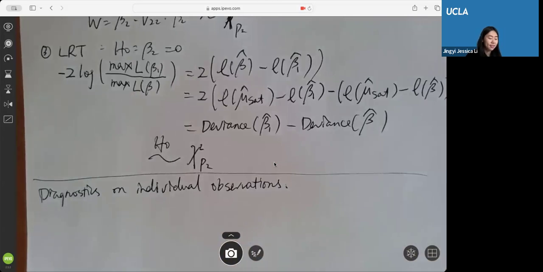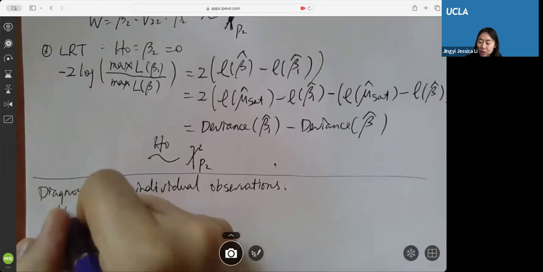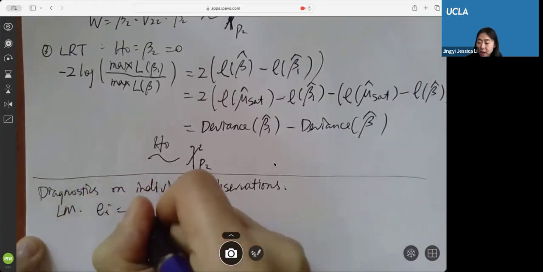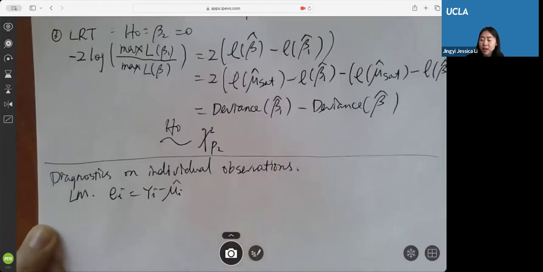Then we can follow what we did with the linear model again, except that for the linear model it's very straightforward, just yi minus mu i hat, right? But for the generalized linear model, it may not be that simple, because for yi minus mu i hat we also want to standardize it, since these ei don't share the same variance.